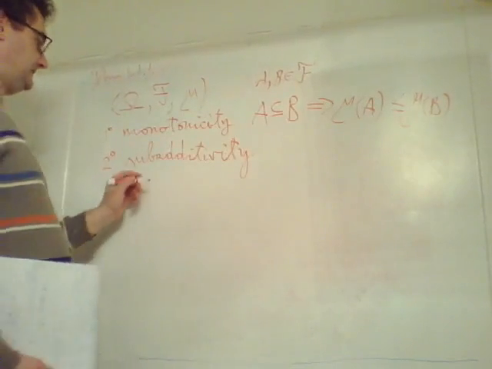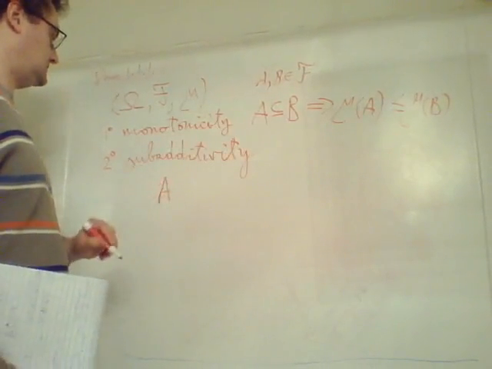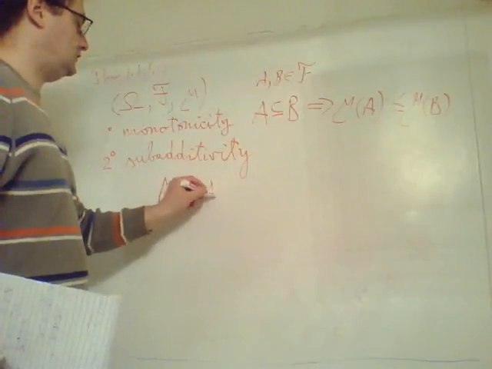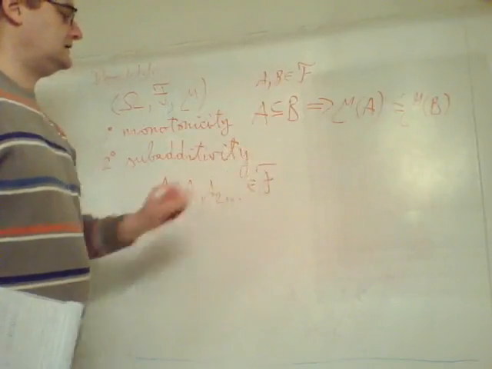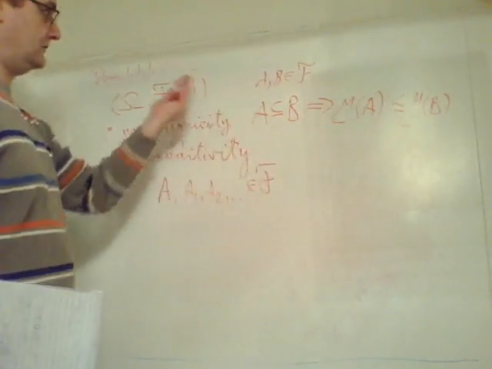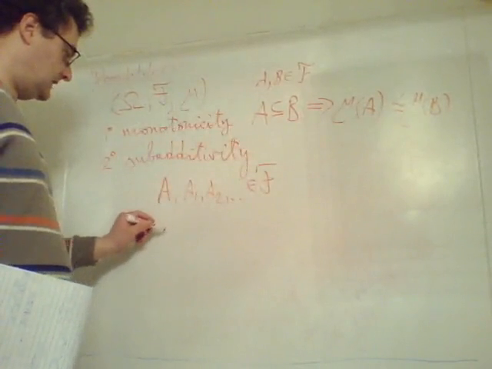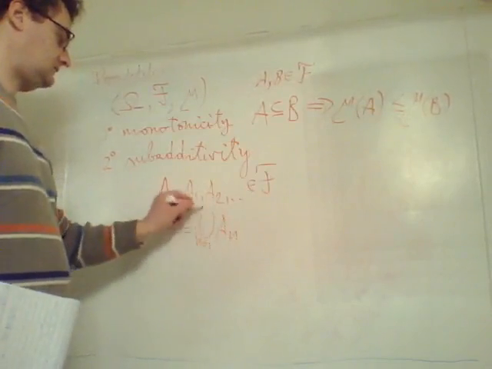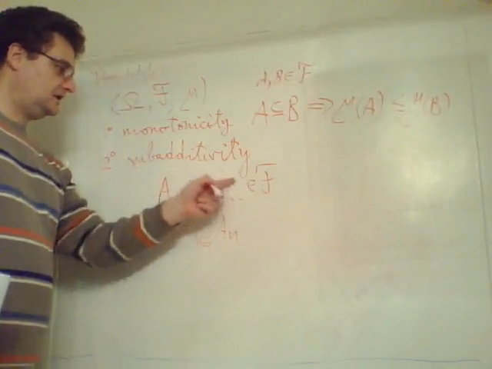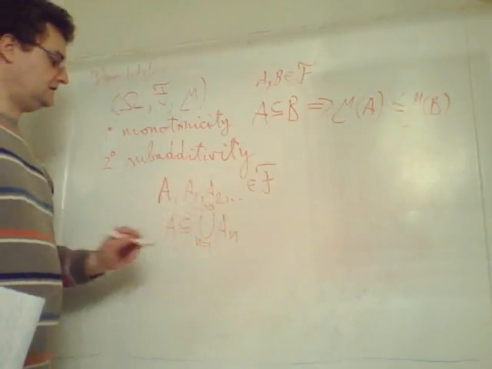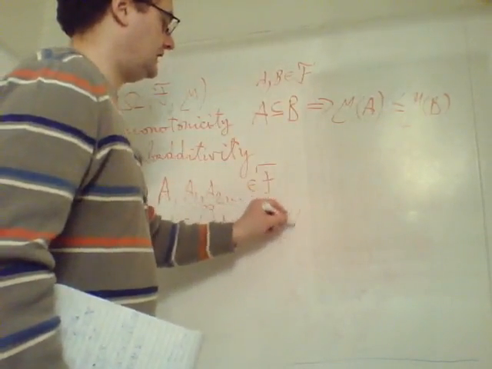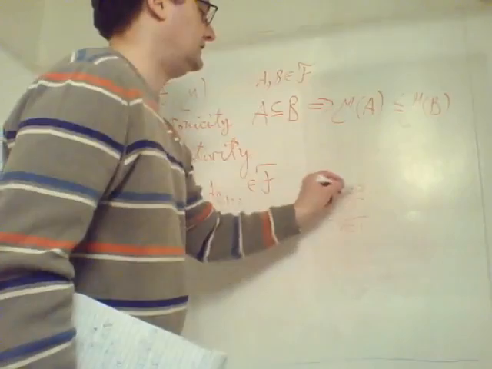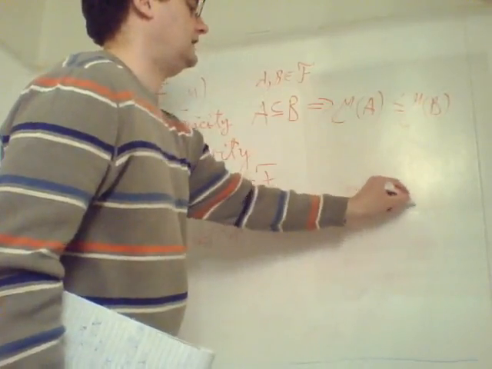But subadditivity says that if A, A1, A2, and so on are in sigma field F, which is the domain of mu, and if A is a subset of this countable union, in other words, if the ANs cover A, then mu of A is less than or equal to the series, n goes from 1 to infinity, of mu of AN.